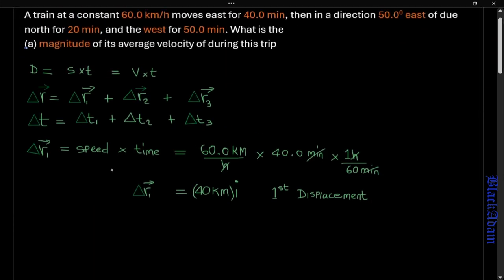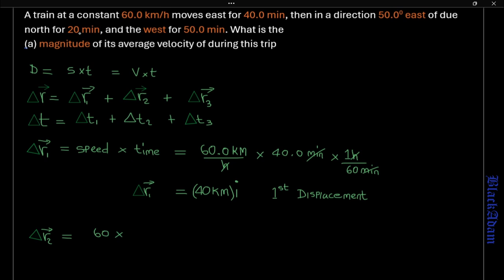And then from there we need to find our second displacement. It will be constant speed 60, and our time is 20 minutes.